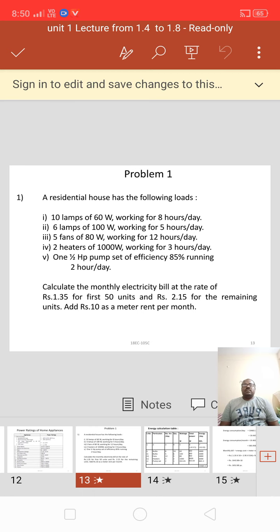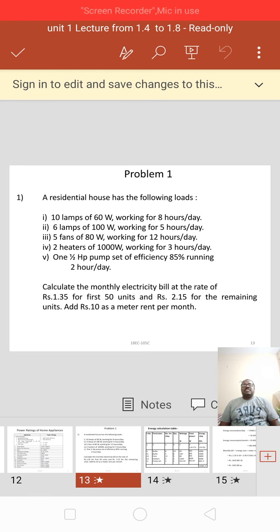Second, 6 lamps of 100 watts working for 5 hours per day. Third, 5 fans of 80 watts working for 12 hours per day. Next, 2 heaters of 1000 watts working for 3 hours per day.